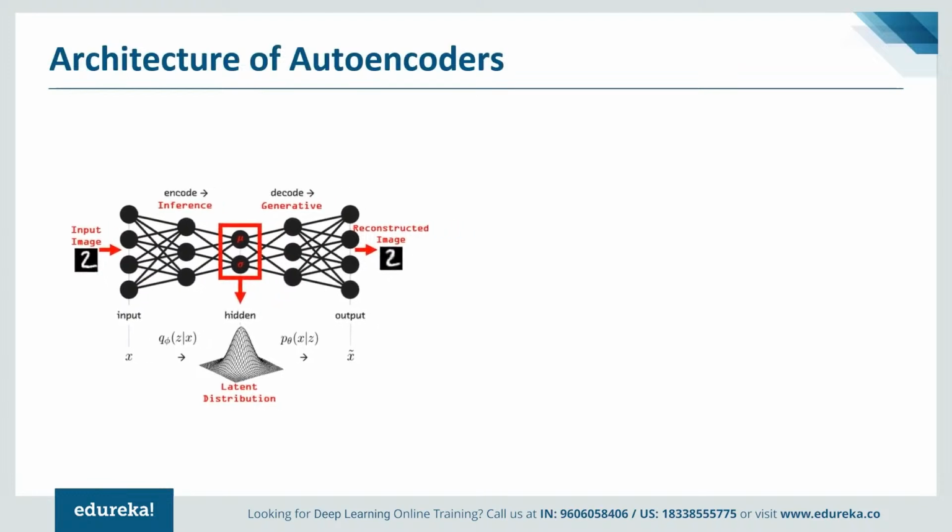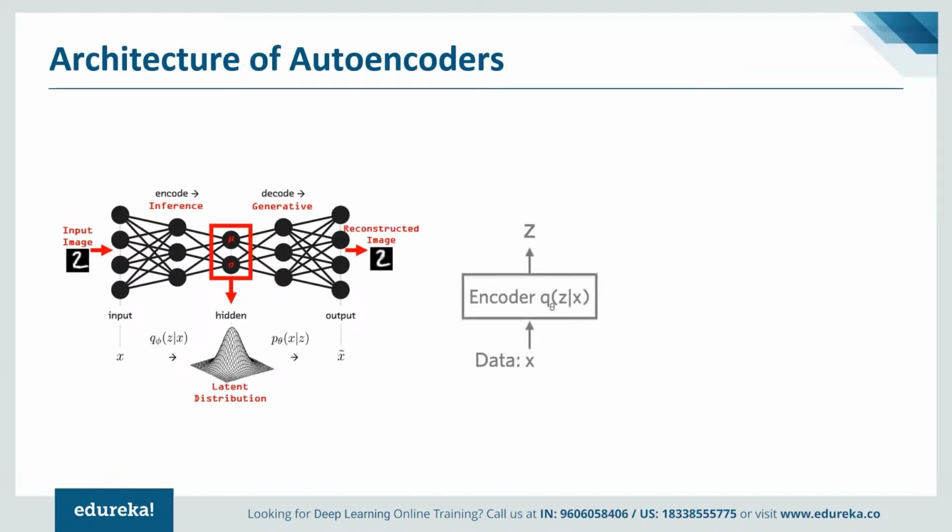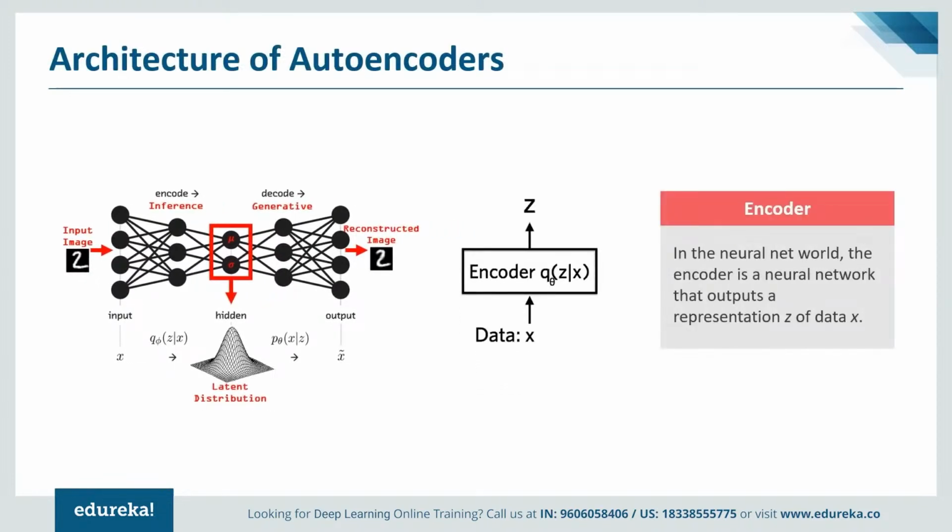Now let's have a detailed description about the encoder. The encoder is a neural network. Its input is a data point X, its output is a hidden representation Z, and it has weights and biases theta. Now to be concrete, let's say X is a 28 by 28 pixel photo of a handwritten number.